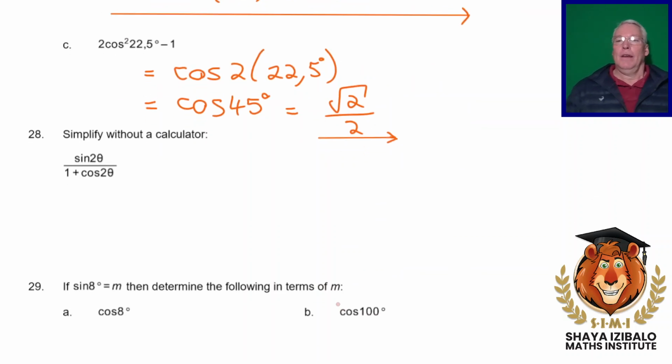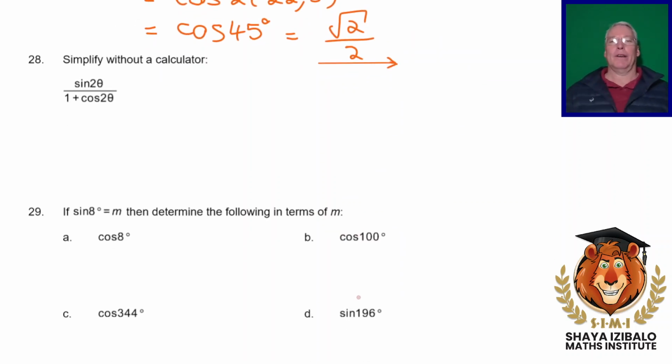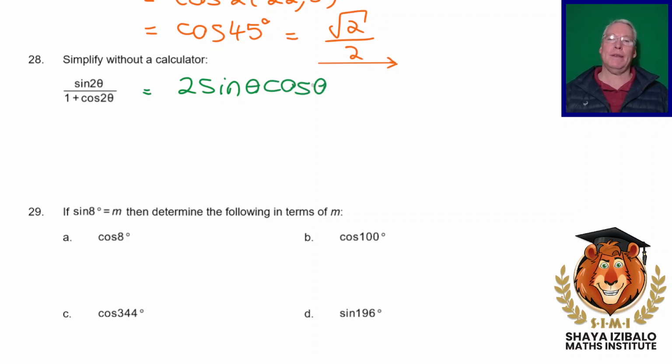Right. Next one says simplify without a calculator, and this is where it starts to get a little bit interesting. The top is obvious and easy because there's only one double angle formula for sine. That's 2 sine theta cos theta. Now, on the bottom, we've got 1 plus cos 2 theta.